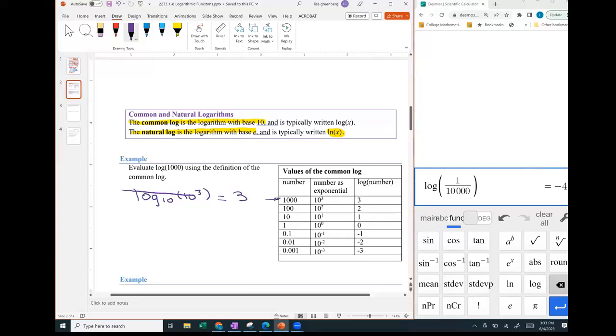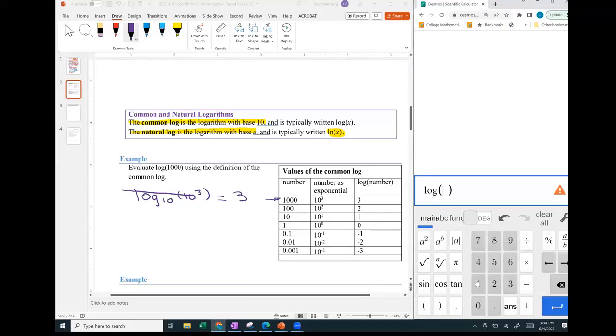And I can change all the values as long as it's base 10, then it's just the same as the log. And we know that this is log base 10 of 1,000 is 3. Okay? Easy.